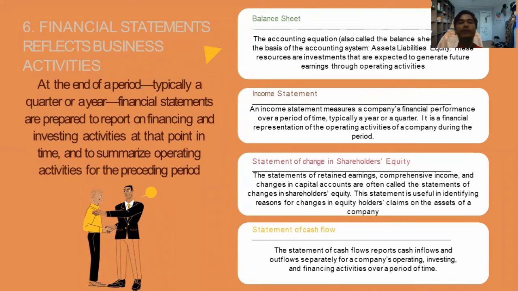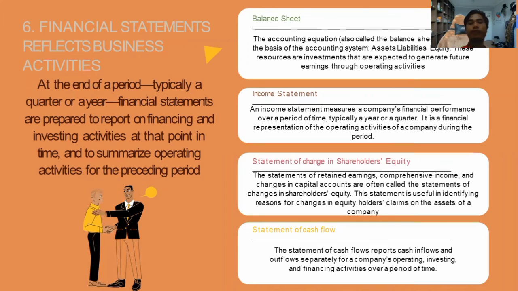Next is how financial statements reflect business activities. Usually at the end of a period, like a quarter or one year, financial statements are prepared to report on financing and investing activities at that point in time, and to summarize operating activities for the preceding period.